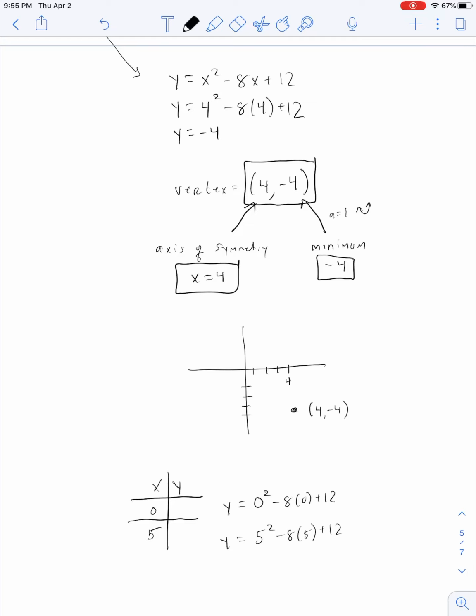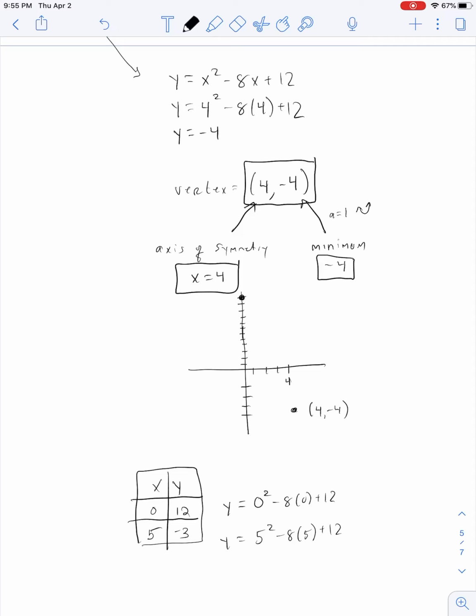You do this first one, and it should just give you 12. You do your next one, 5 squared minus 8 times 5 plus 12. That gives you a negative 3. So we can definitely plot that. We have 0 and then 1, 2, 3, 4, 5, 6, 7, 8, 9, 10, 11, 12.